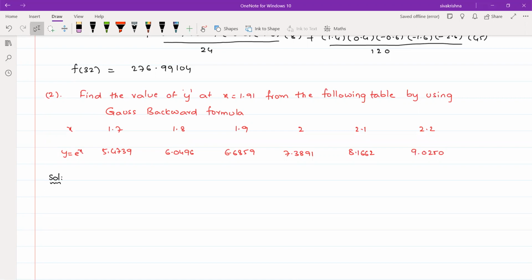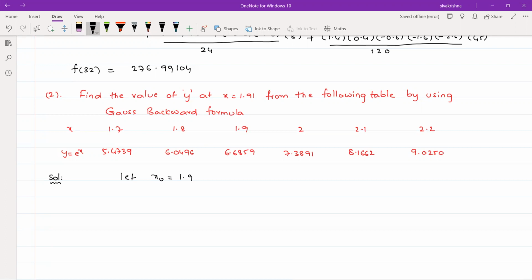First of all we have to choose x0. Here 1.91 lies in between 1.9 and 2. Generally we can choose the right side value of 1.91 as x0, but that is not compulsory. We can choose any value as x0. Here I am choosing x0 is equal to 1.9, that means the left side value.